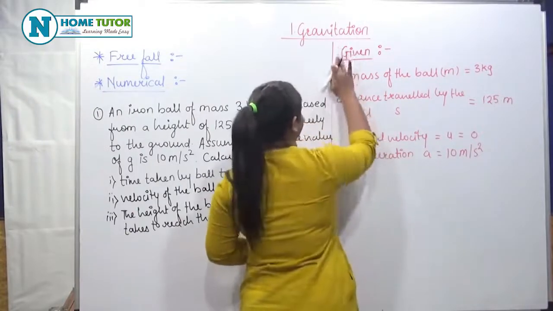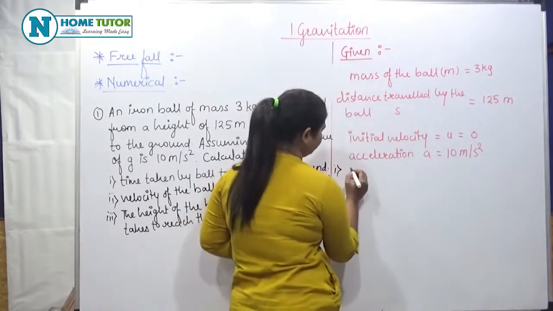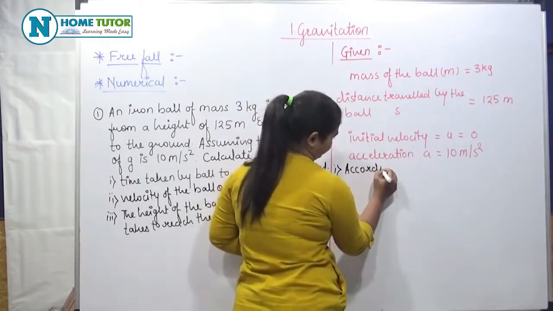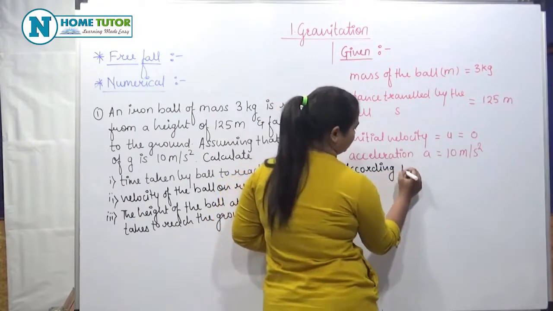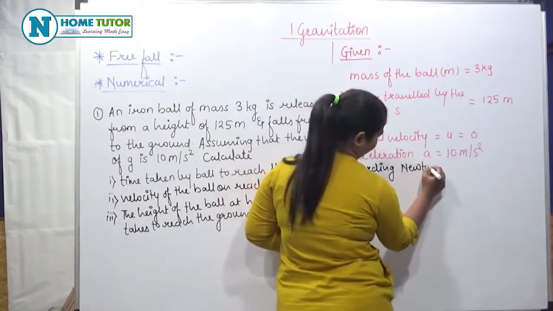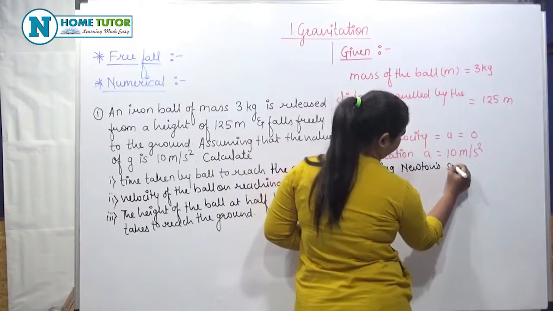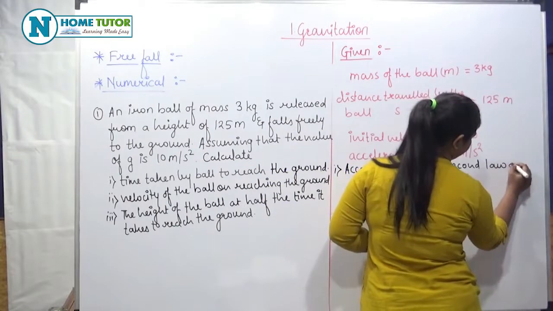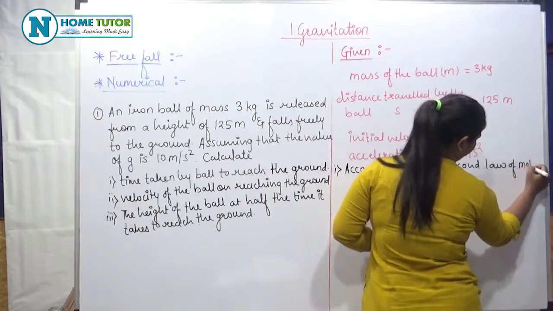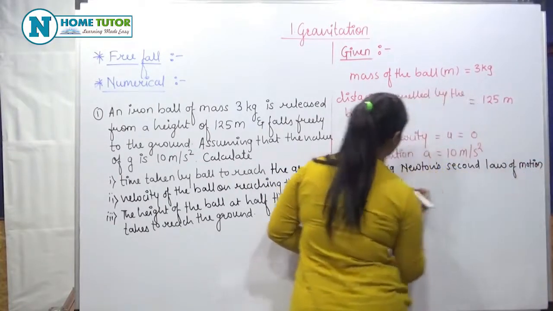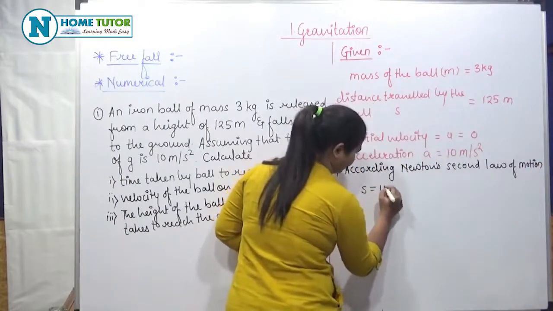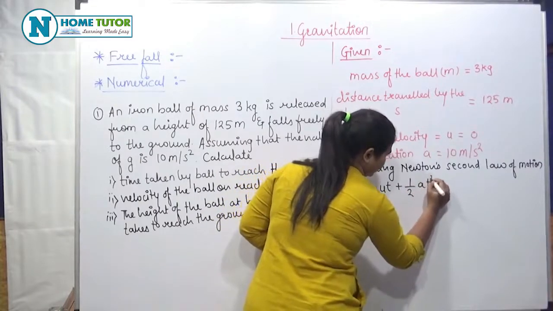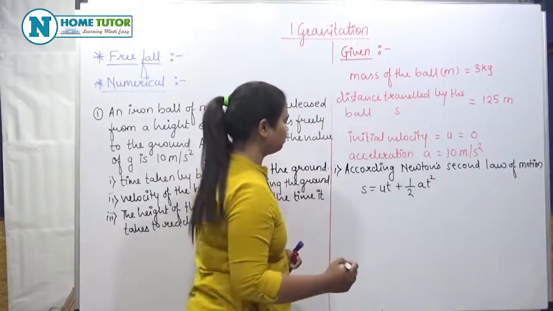So first, let's solve it here. According to Newton's second law of motion, S is equal to ut plus 1/2 at square. So let's substitute the values here.